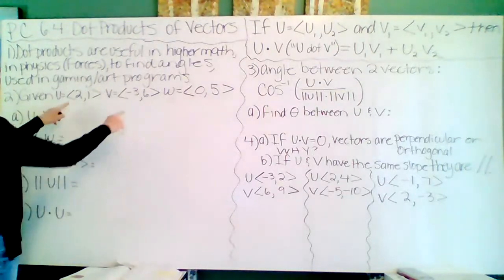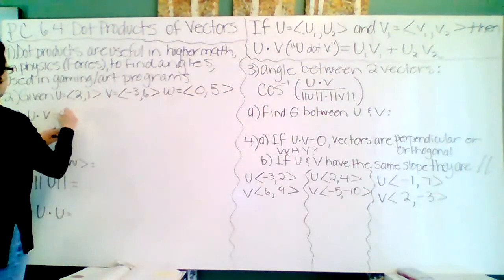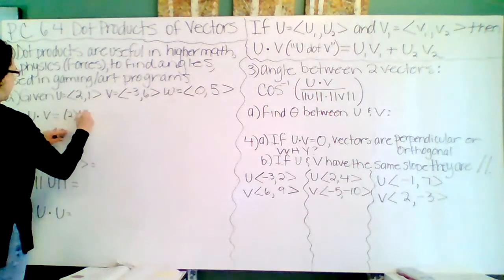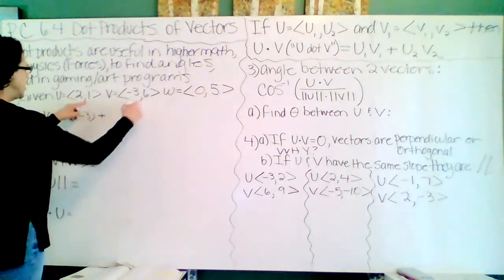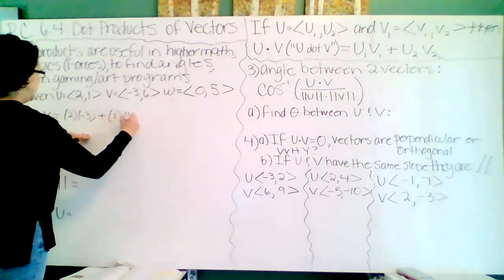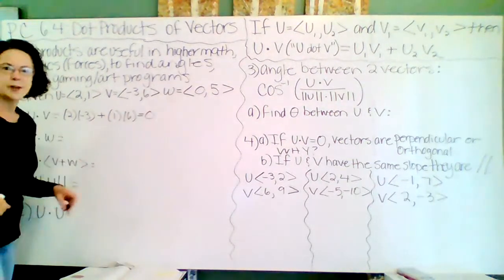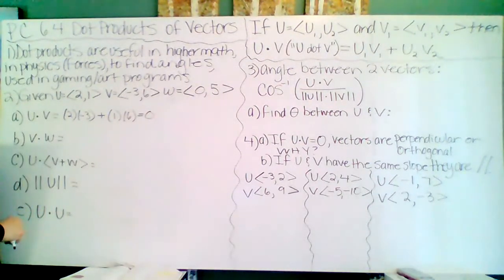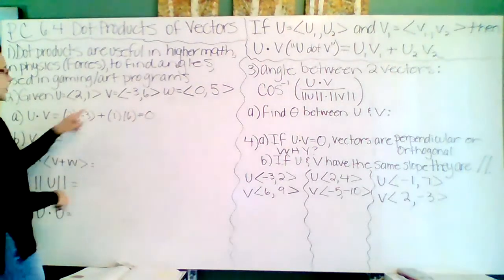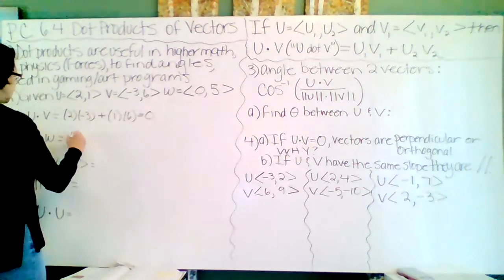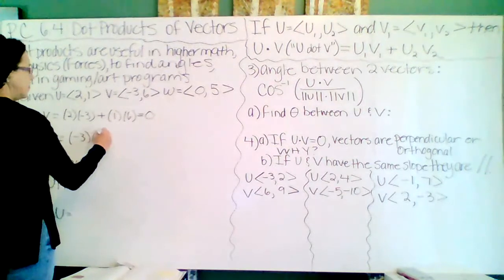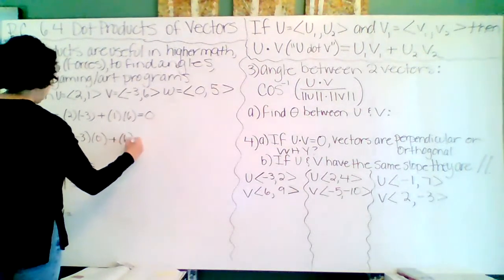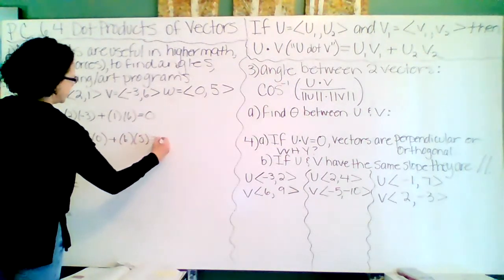So u dot v would be 2 times negative 3 plus 1 times 6, which equals 0. Let's try v dot w. That's negative 3 times 0 plus 6 times 5, which equals 30.